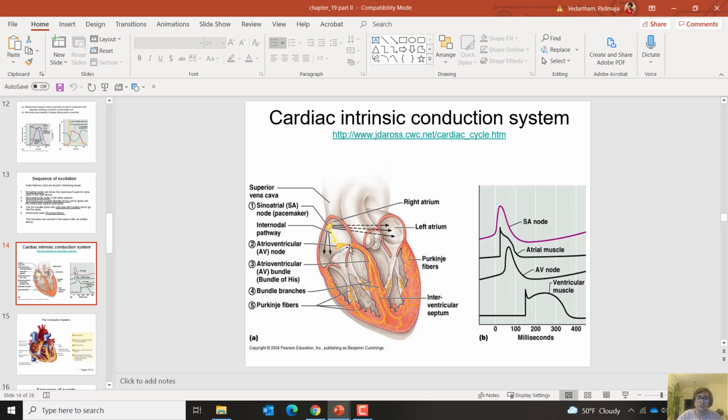And then at the junction of the atria and ventricle, you have another node, which is called the AV node. The whole pathway between the atria and ventricles is completely insulated. They do not have any opening. I'm talking about electrical signals, except for the AV node. So for that reason, the AV node is really important.